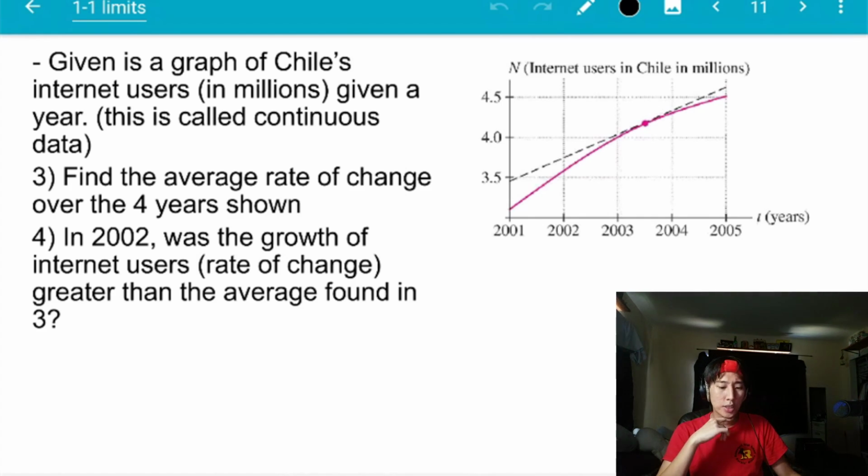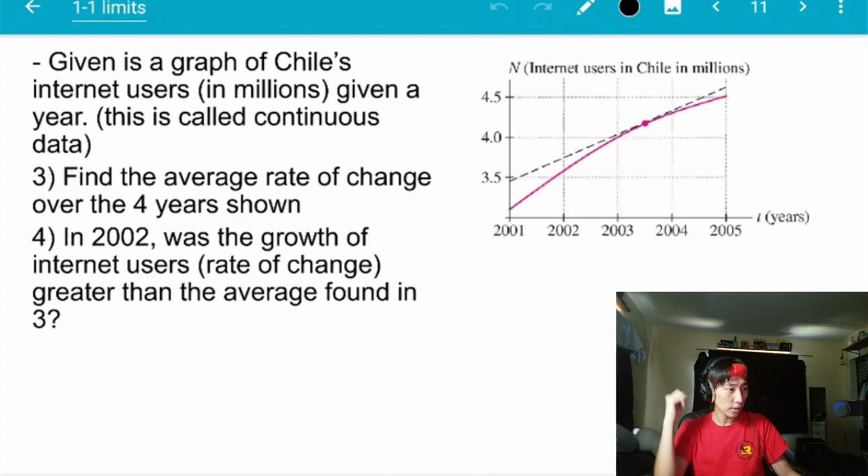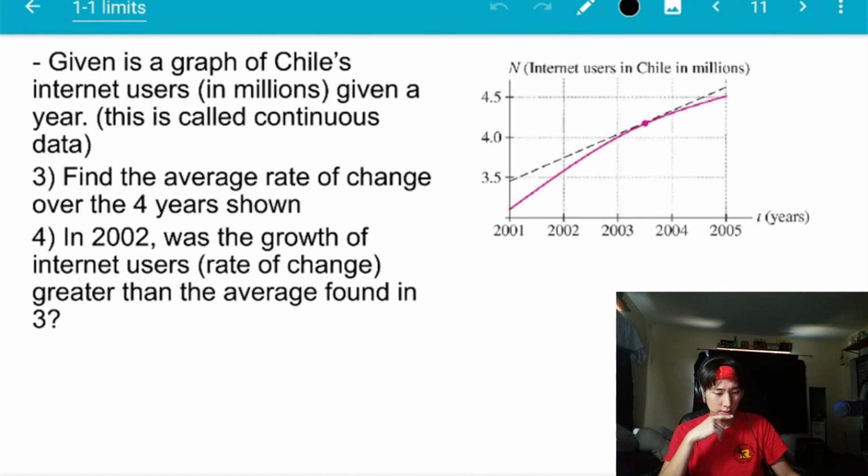What did you use to approximate at 2002, just out of curiosity? Oh, okay. Okay, thank you. Akiko. Okay, excellent. So I'll make sure to be a little clearer on that.